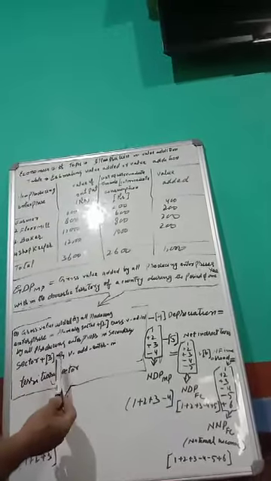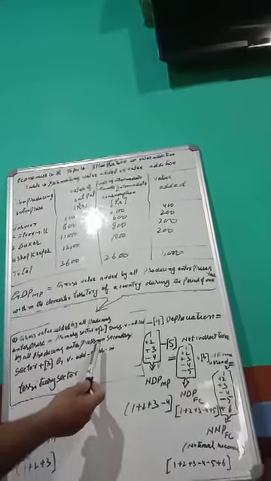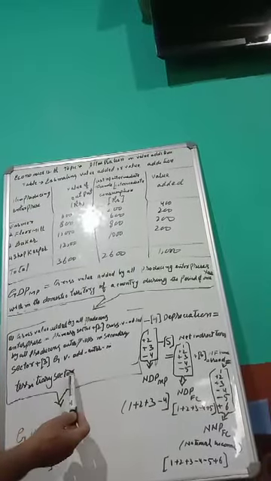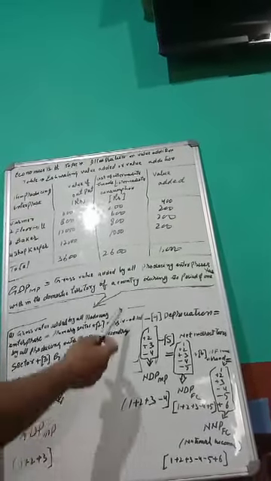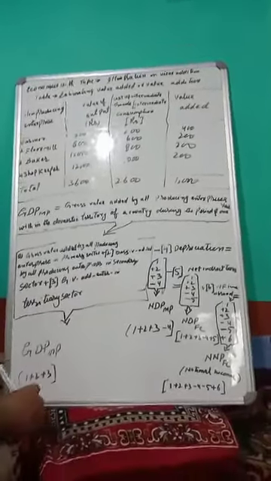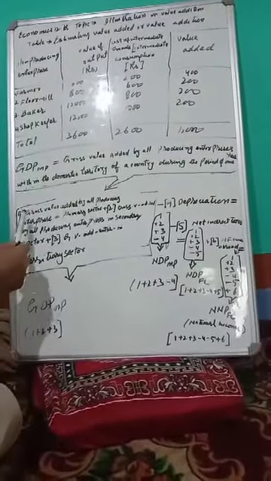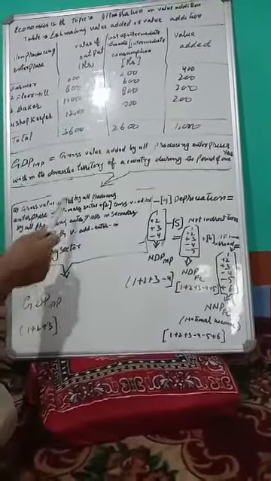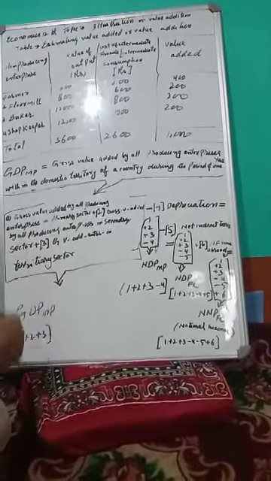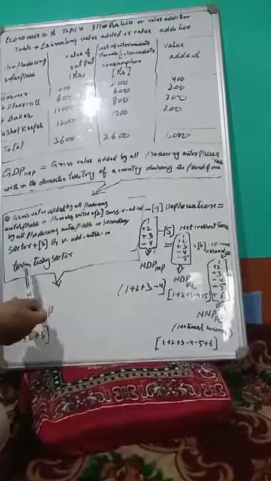Plus number 3, gross value added by all producing enterprises in the tertiary sector. This all will give us gross domestic product at market price, that is equal to 1 plus 2 plus 3. This is 1 gross value added, primary sector, number 2 secondary sector, number 3 tertiary sector.